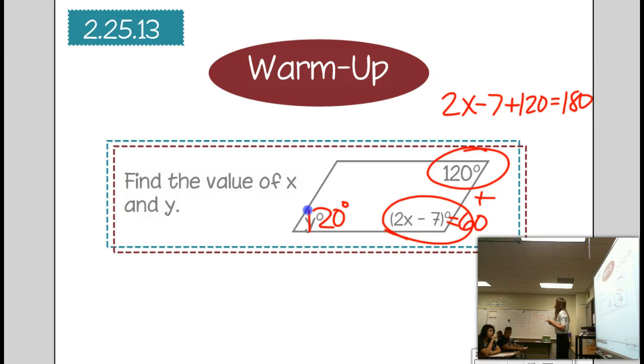Go get your calculator. Tori, what'd you get for x? 3.6. Go get your calculator. Matt, what'd you get for x? 26.5? Okay. Kaylee, is that what you got? 26.5? Yeah, but you did press enter.